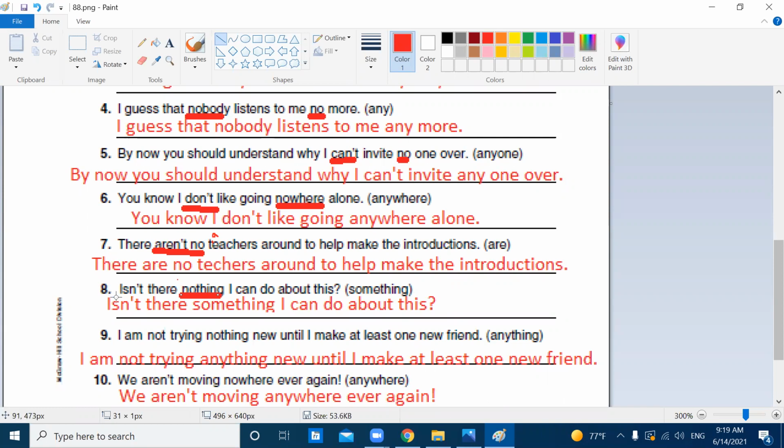Iyad Tamer, number 9. I just typed in the chat that I cannot find my book. Okay, it's on the screen. These are sheets you're supposed to print, not the book. Okay, I am not trying nothing new until I make at least one new friend.